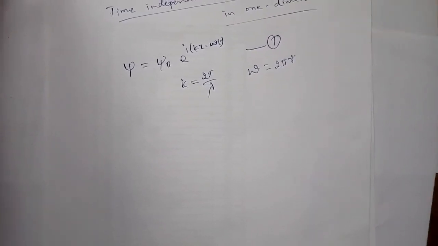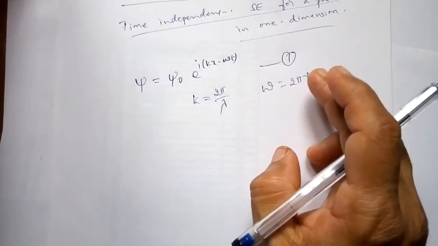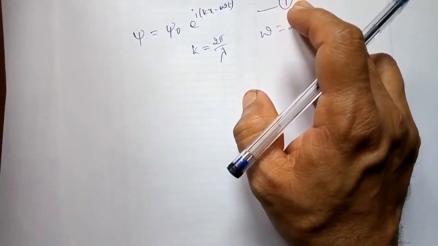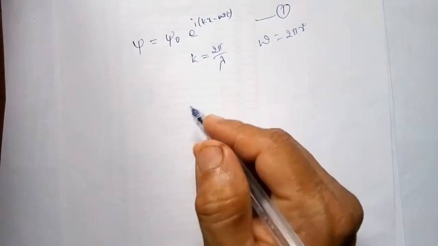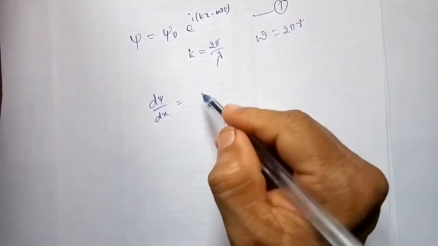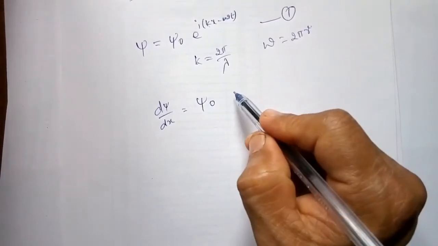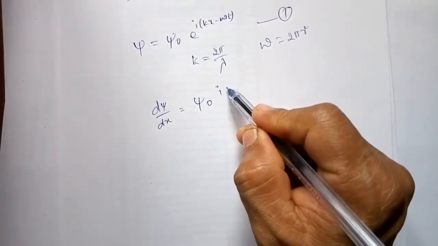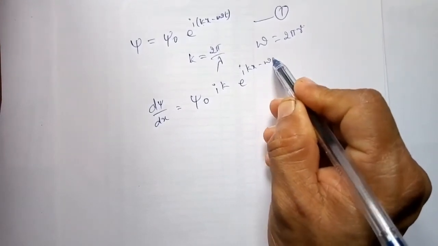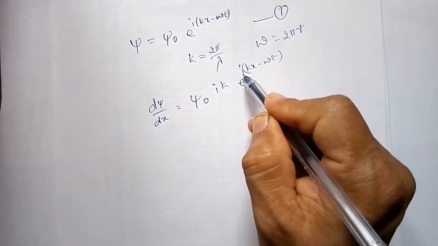So let us differentiate equation 1 with respect to x. d psi by dx is equal to psi naught i k e to the power i(kx minus omega t).